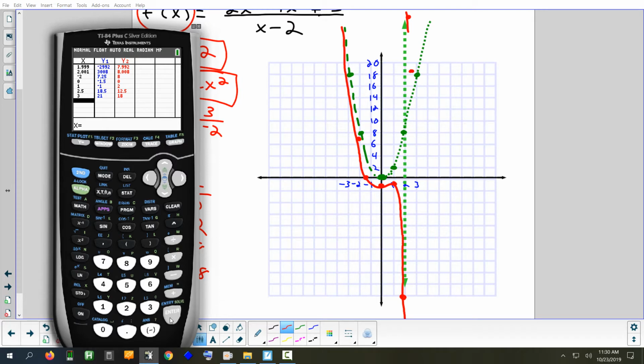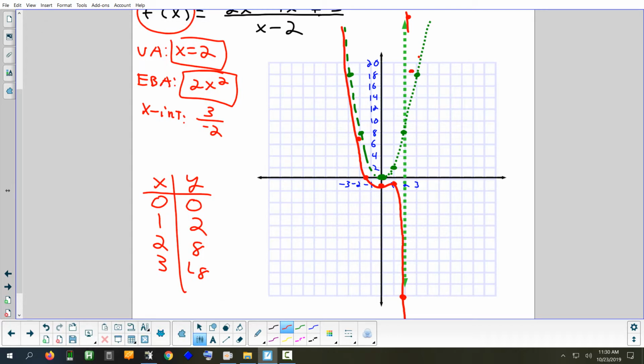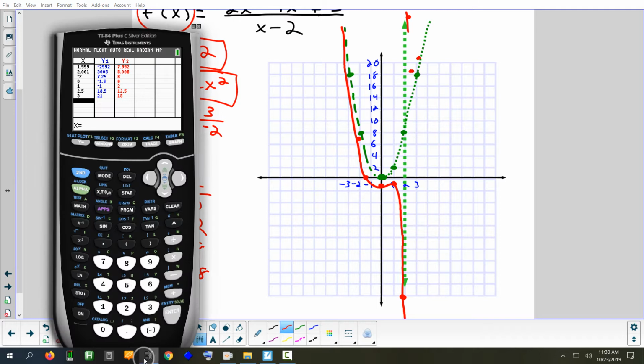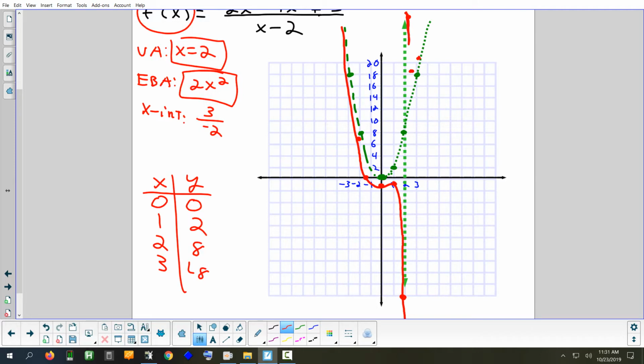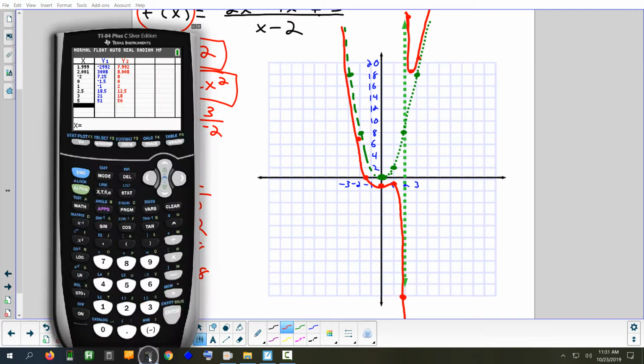So 3 is up at 21. If I try to go any bigger, like 4 or 5, now I'm at 51. So this thing is going up real quick. So it goes through these dots, comes down, kind of turns, and goes back up. And if we graph it, that's exactly what you pretty much saw.